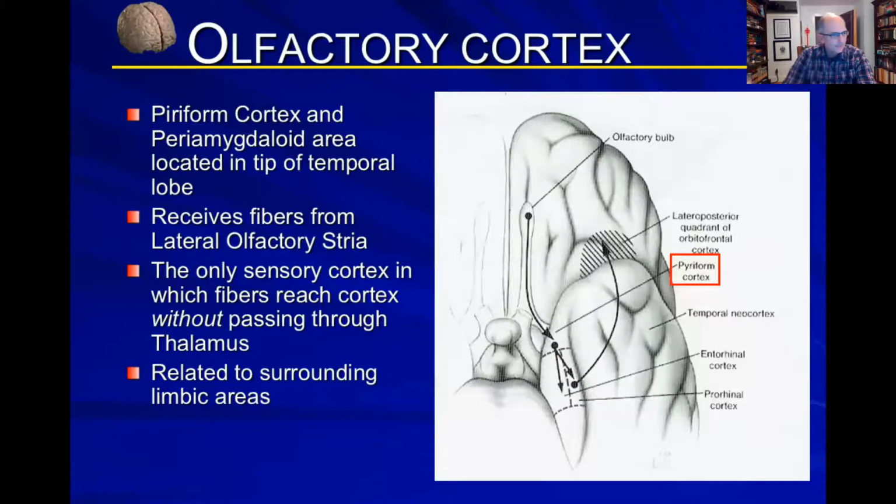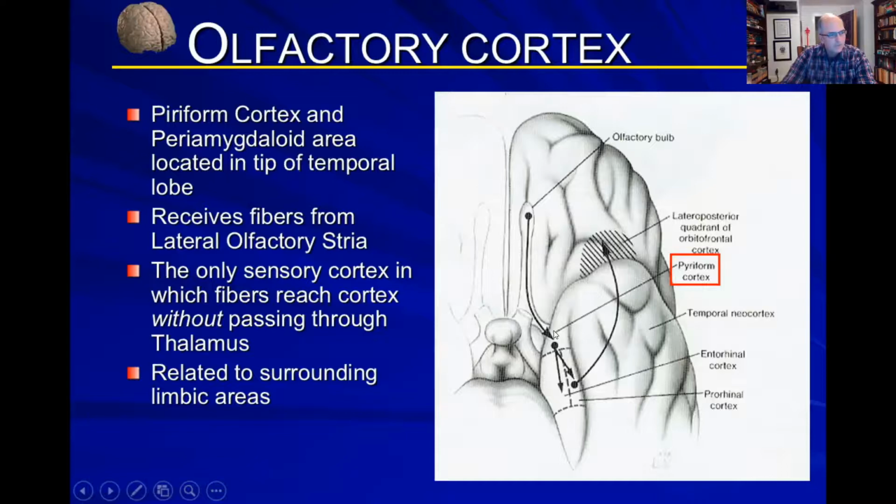Olfactory cortex. So this is often referred to as the piriform cortex, located here, and the periamygdaloid area located in the medial tip of the temporal lobe. And that receives inputs from the lateral olfactory stria. So there's the olfactory bulb tract coming back.